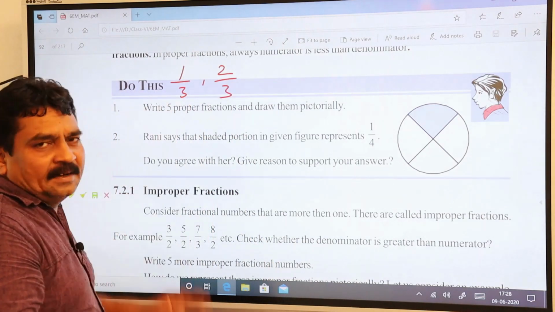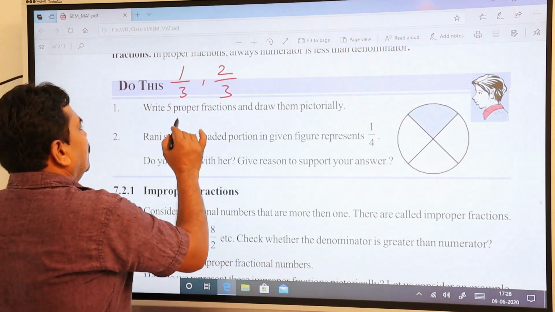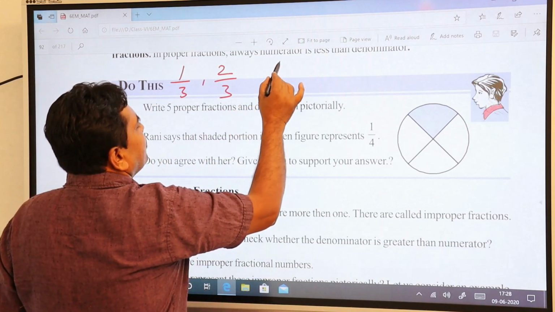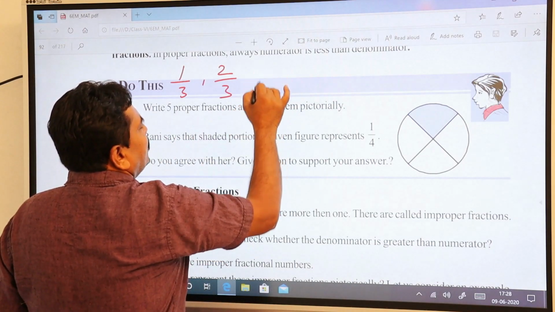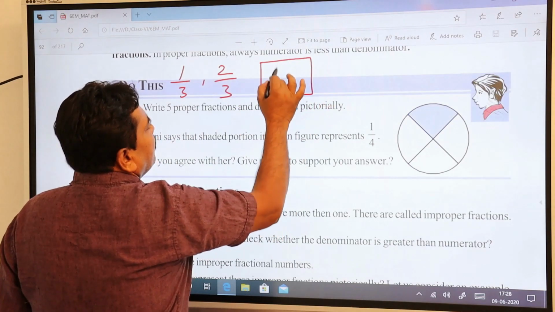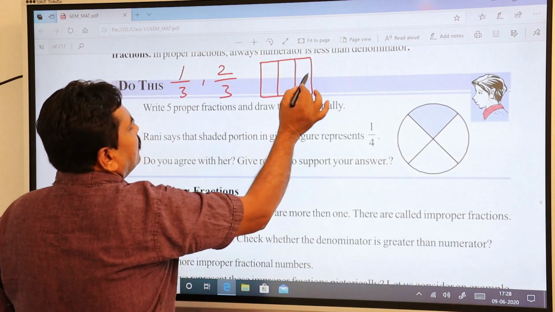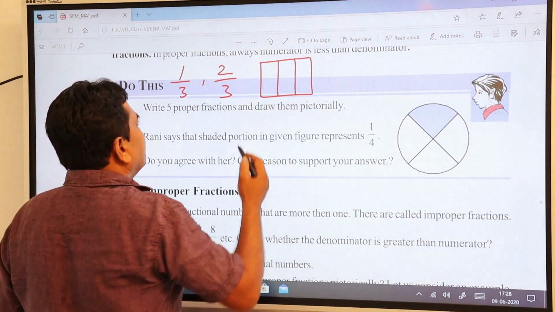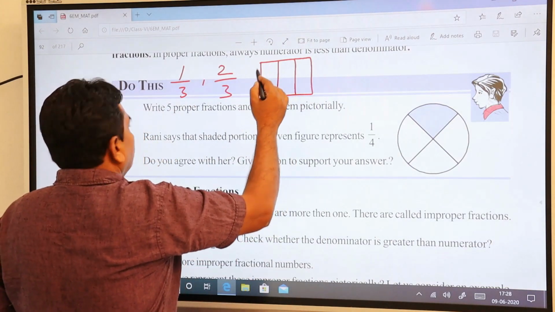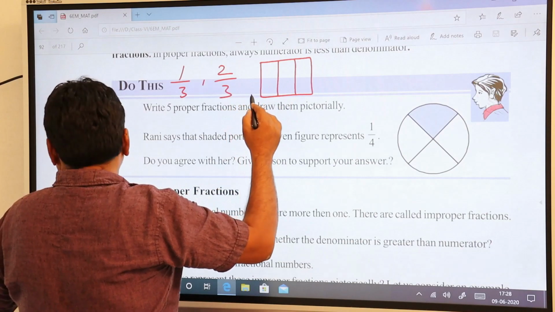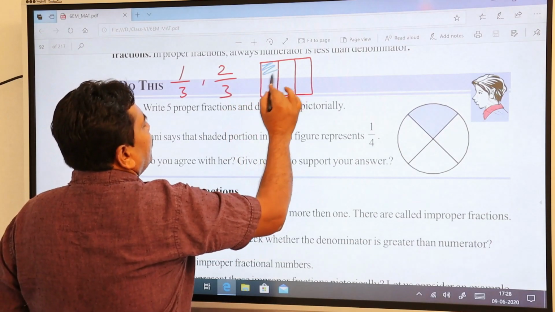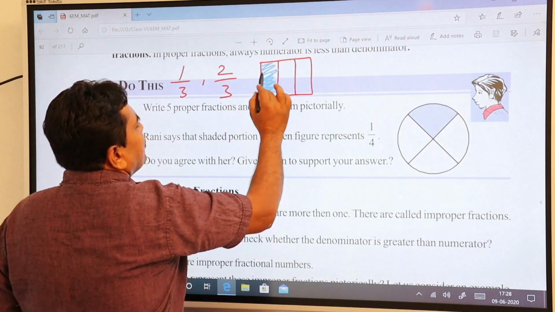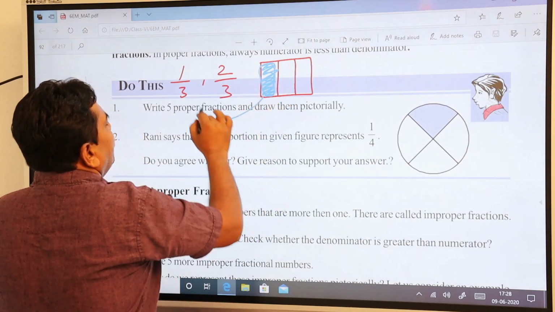Here it is 3 parts. Suppose I take this, your 3 parts, 1, 2, 3. For 1 by 3, as an example, I'll shade only 1 part. This is called your 1 by 3.